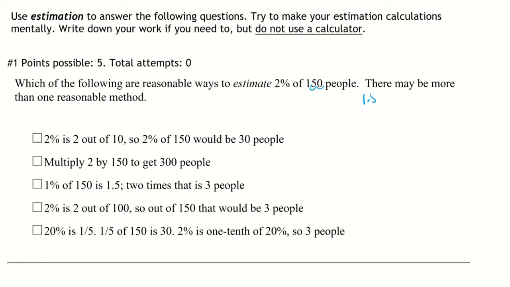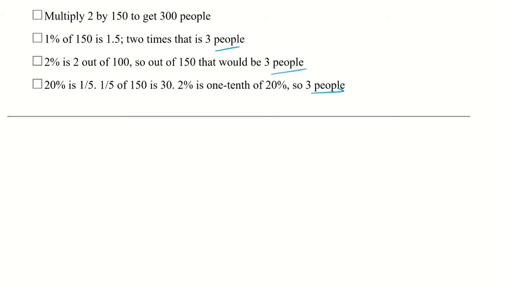And then I can take 1.5 times 2. Well, I know that's 30 if the decimal wasn't there, but since the decimal is there, it's 3. So now I'm going to go through my options and see which ones come up with 3 people, since that's my estimate. And it'd be good to read through the other ways you can estimate, because there's more than one way to use this estimation.